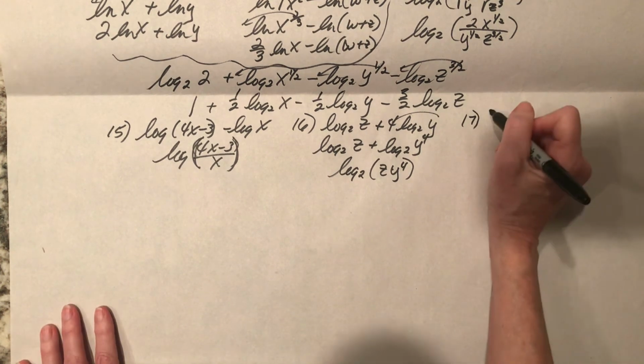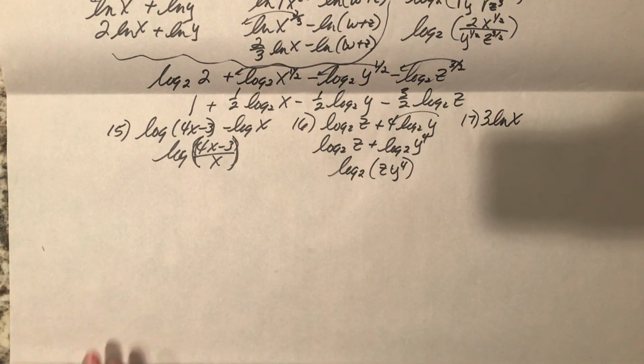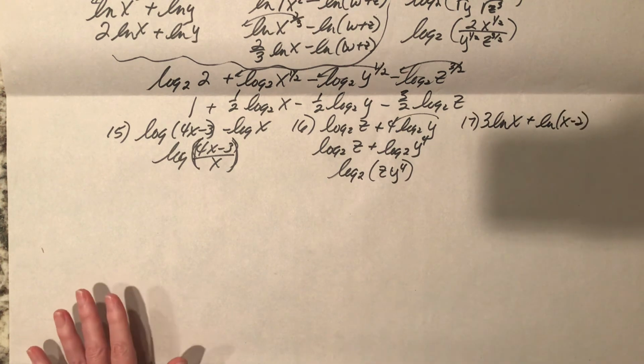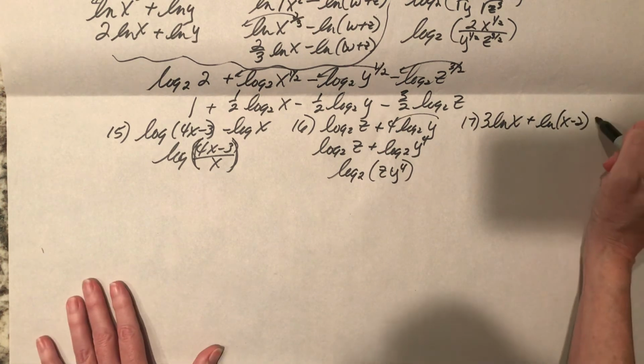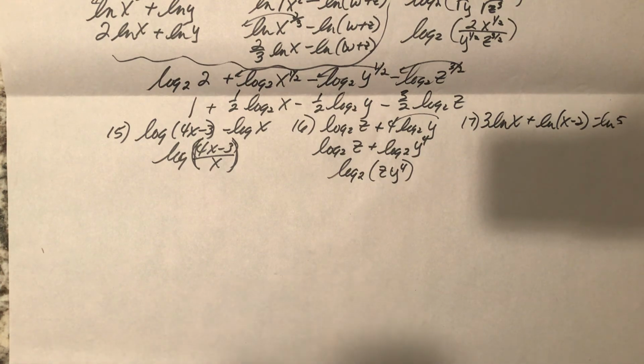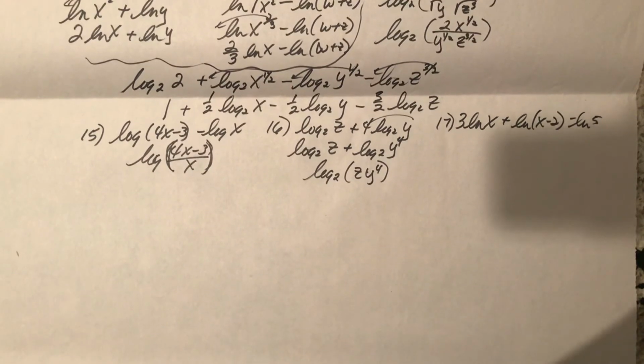Let's look at number 17. Let's see, we've got 3 times the natural log of x plus the natural log of x minus 2 minus the natural log of 5. You getting all that in there? For sure there.